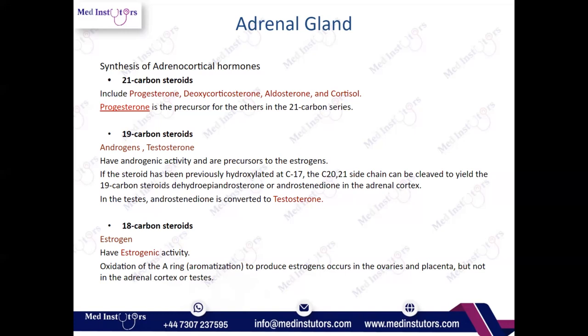And here is another SPA. Progesterone is the precursor for the others in the 21 carbon series. So progesterone is the first hormone in steroidogenesis, which comes from the cholesterol molecule and further gives rise to other adrenal hormones. So if in the exam they ask which of the following hormones is the precursor hormone, the answer is progesterone.